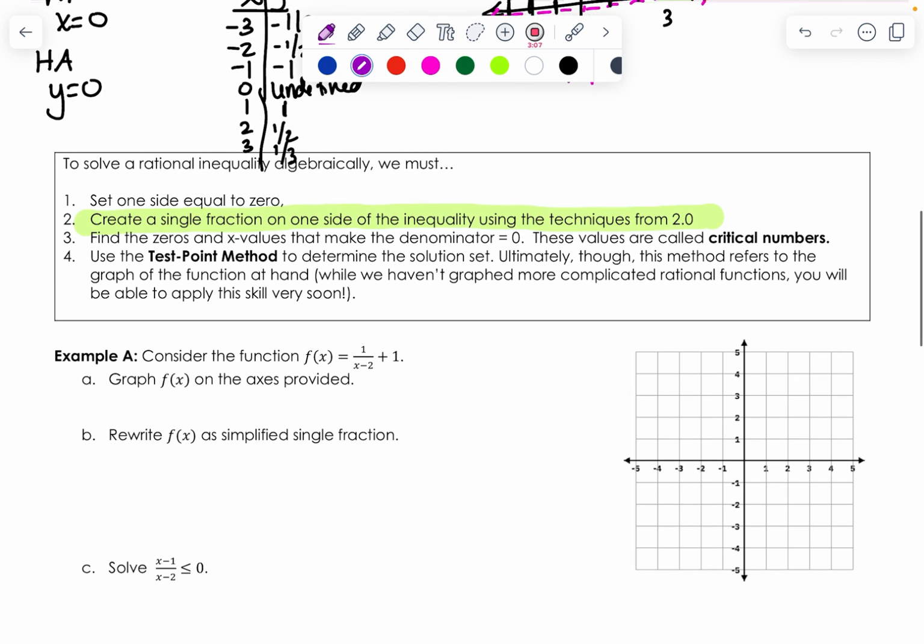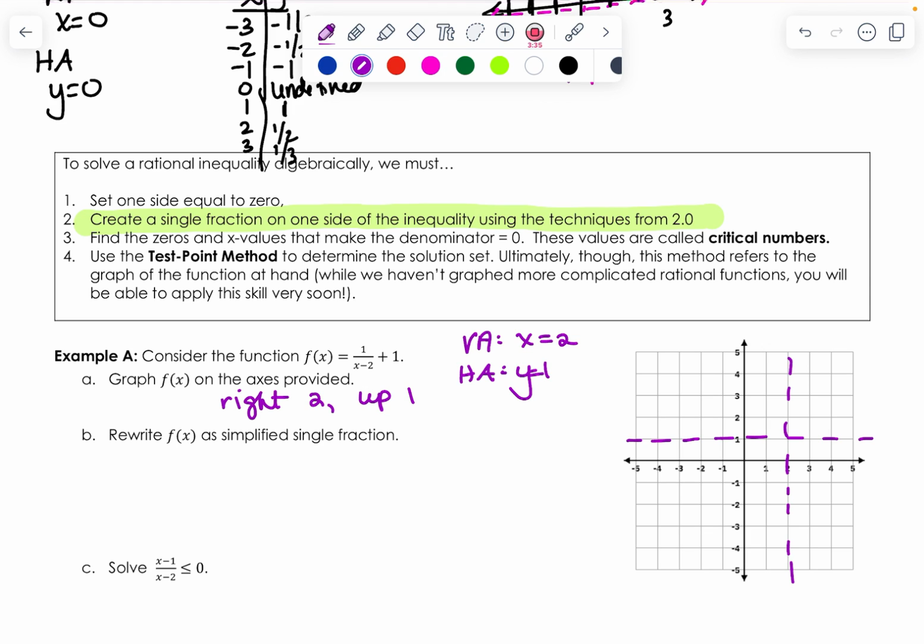All right. So in example A, it says, consider the function f of x equals 1 over x minus 2 plus 1. If I want to graph this, can you tell this one is right 2 and up 1? So what that means is my vertical asymptote is at x is 2, and my horizontal asymptote is at y equals 1. Then, since we know the general shape, all I do is pick, let's say x is 3.